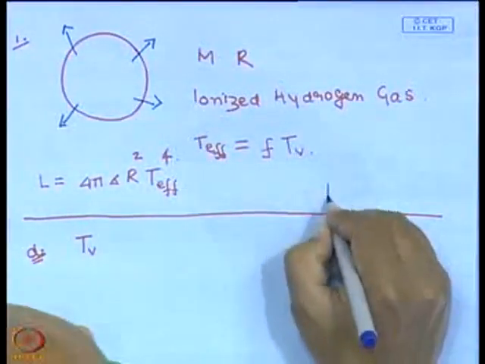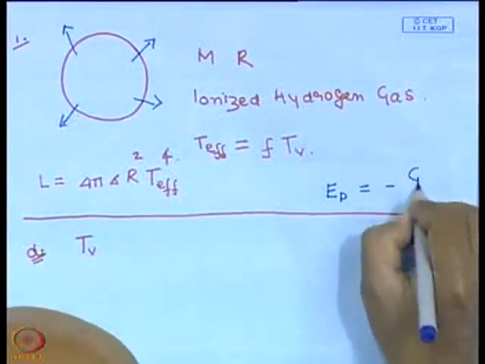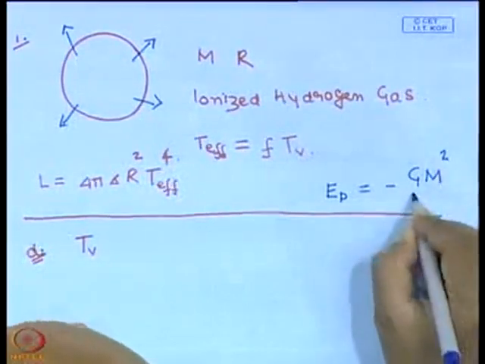We know that if an object is in virial equilibrium under its own self gravitational force, then the average kinetic energy is equal to the total energy in magnitude, and it is half the potential energy. Okay. And here we will also assume that the potential energy is minus g m square by r.